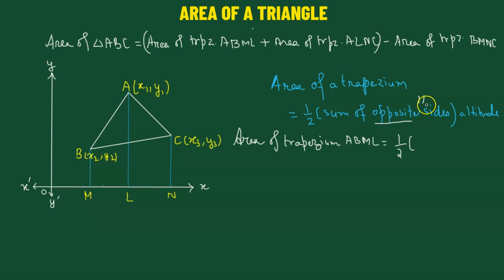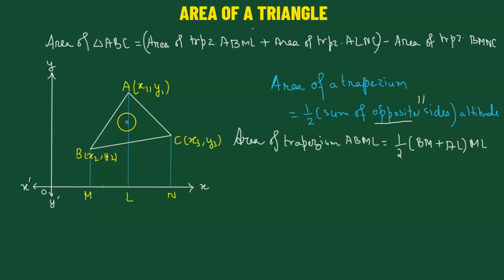Clearly BM is parallel to AL, so we have BM added to AL. And the altitude, the distance between the two parallel sides, is simply ML. So the area of the trapezium is half times (BM plus AL) multiplied by ML.